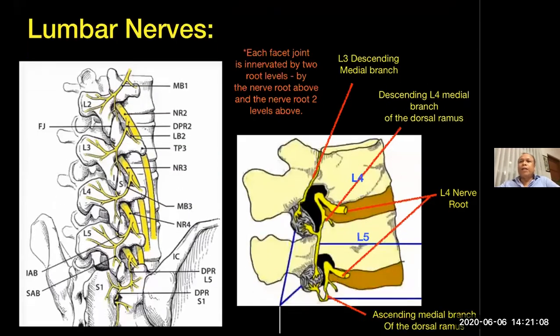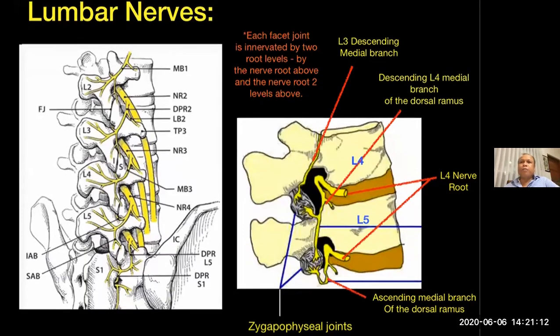Now, another thing is to be conscious of the nerve supply that is present in the lumbar nerves. So for example, between L4 and L5, we expect that the nerve root that exists in that area would be your L4 nerve root. This L4 nerve root gives off two branches, one that goes directly to that same level of the facet joint, and one that goes down to the next level below.